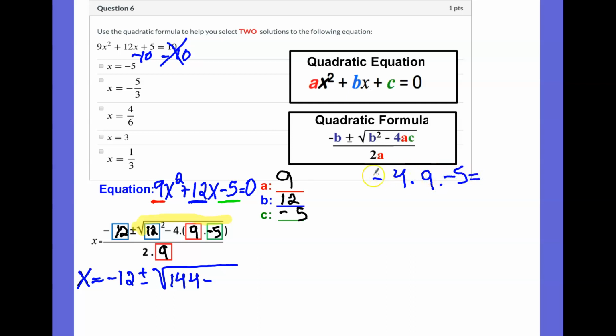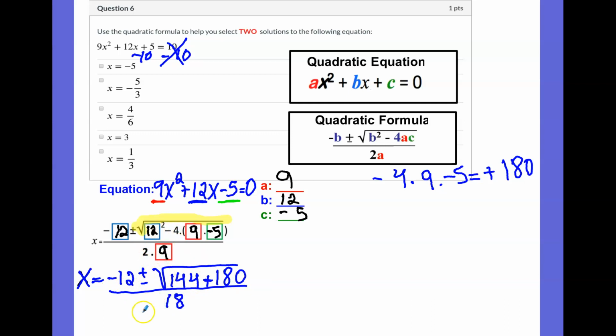Remember, these two numbers are negative, so my answer will be positive. So -4 times 9 times -5 is 180. So I'm going to put positive 180. And I am going to do this whole thing divided by 2 times 9, which is 18.